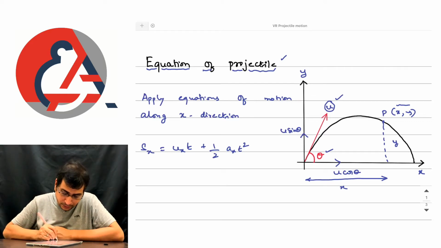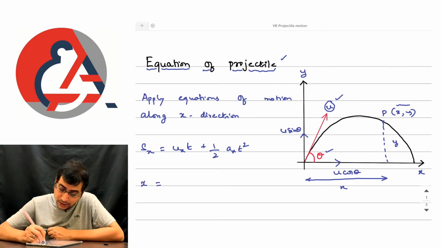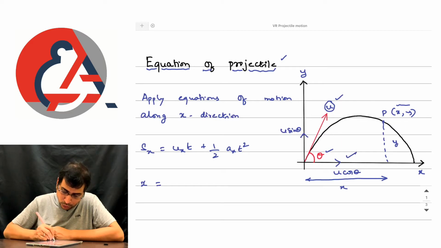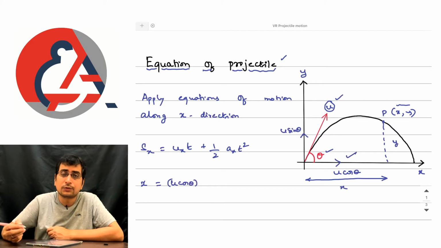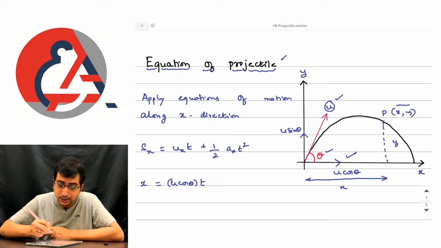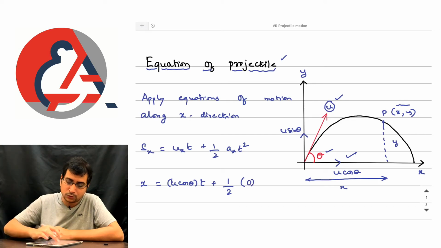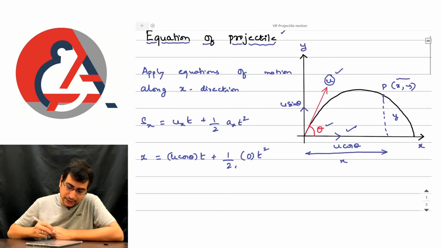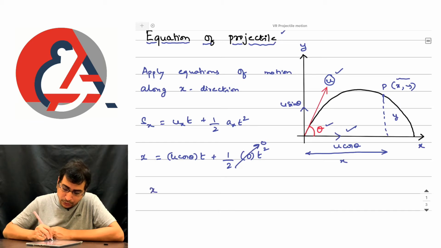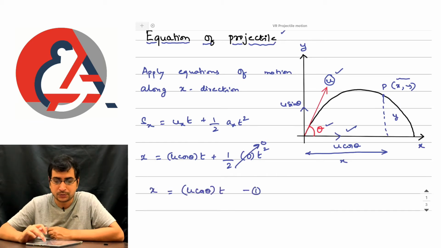So we get x is equal to the initial velocity along x direction, u cos theta, into the time taken for the particle to reach the point P, t, plus half into the acceleration along x direction, which is 0, into t square. So this value disappears. So x = u cos theta into t. Let this be our first expression.